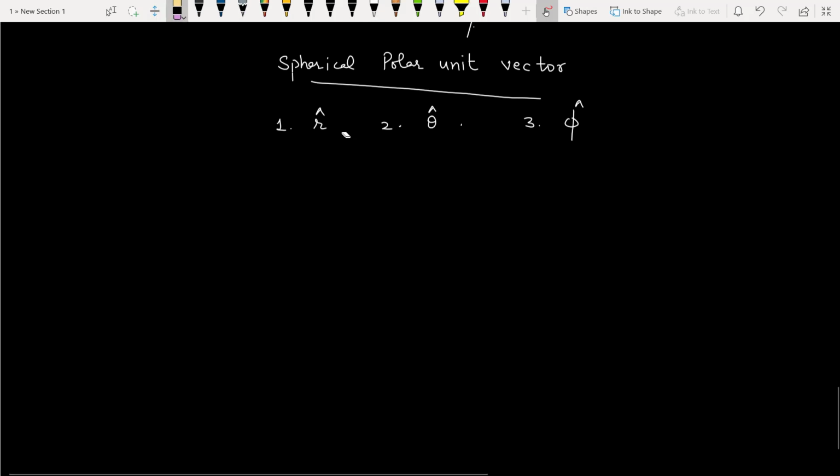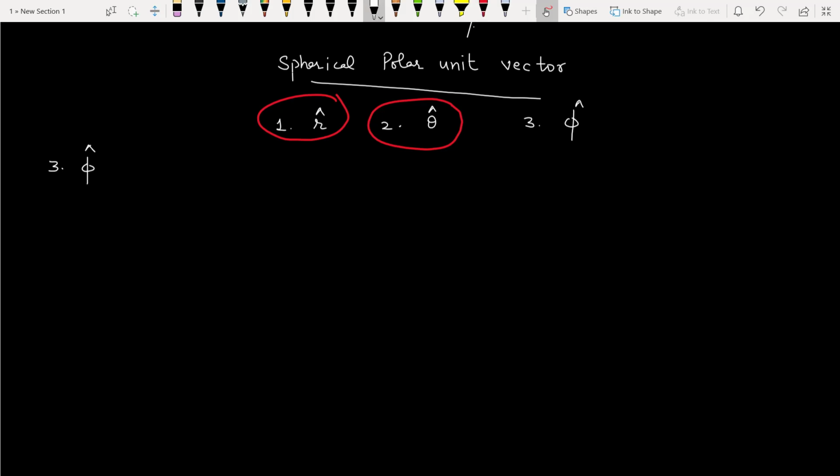And out of these three, the first two have been studied in detail. An expression for these two, r cap, theta cap, has been derived in our previous lecture. So in the present lecture we will derive the expression for the third unit vector.